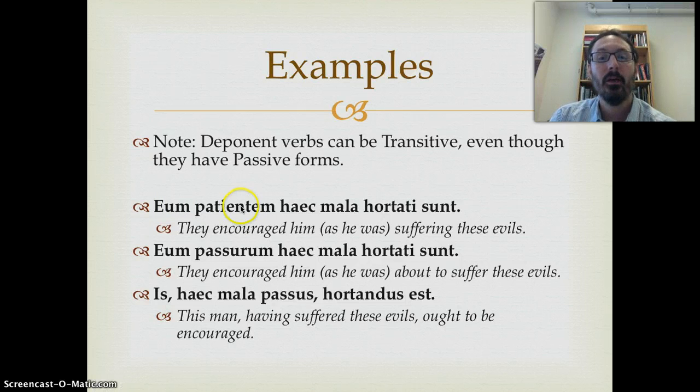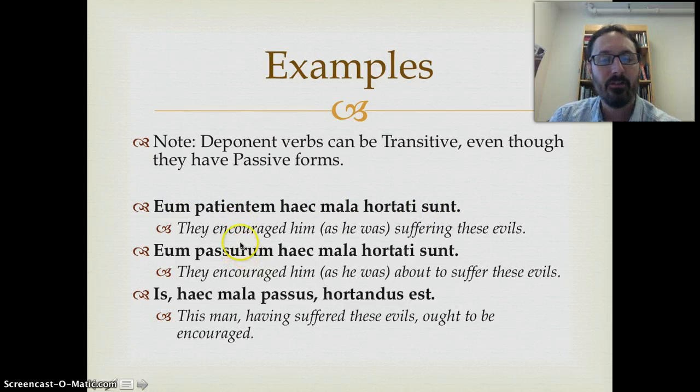But remember I said that in the present participle form, because there's no such thing as a present passive participle, we use the present active form here. So him suffering. So they encouraged him suffering, and then haec mala is the object of this participle. So they encouraged him suffering these things.